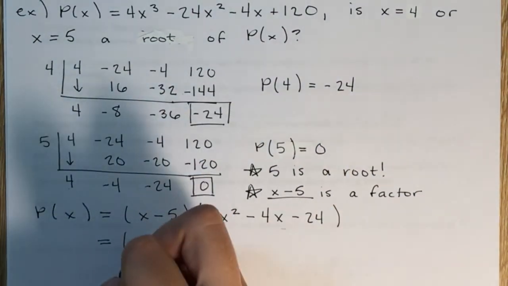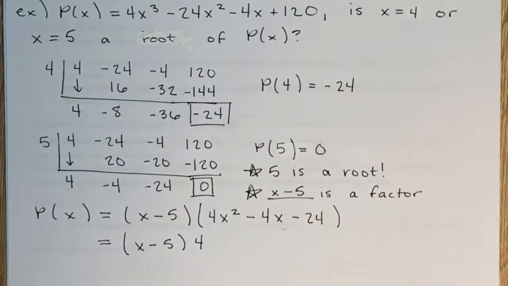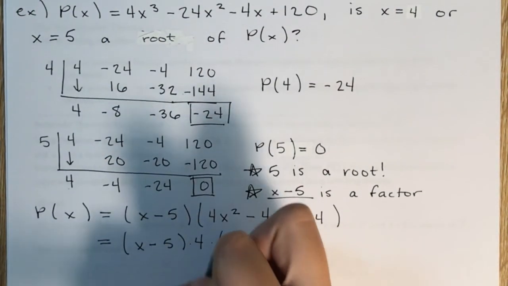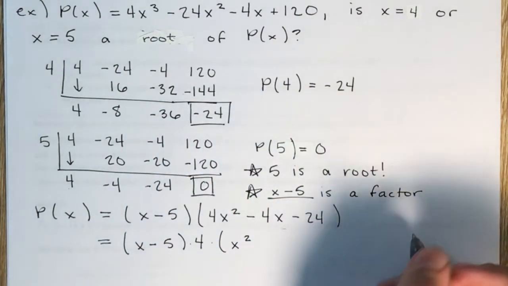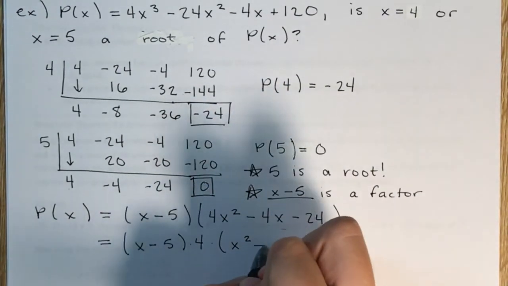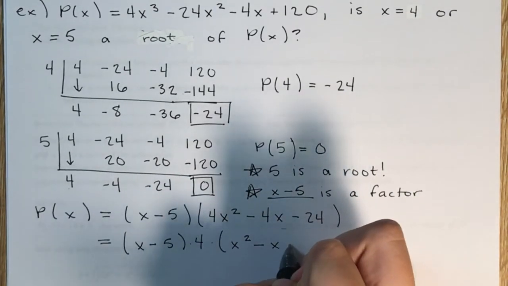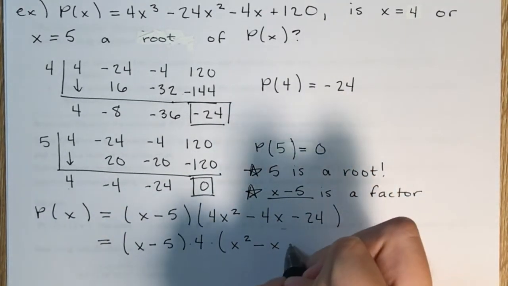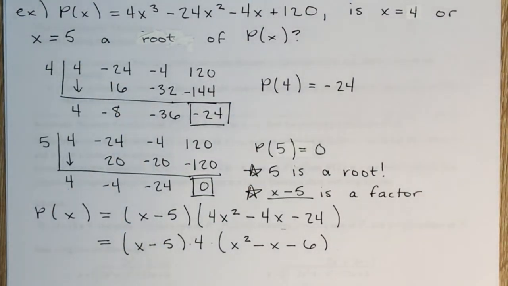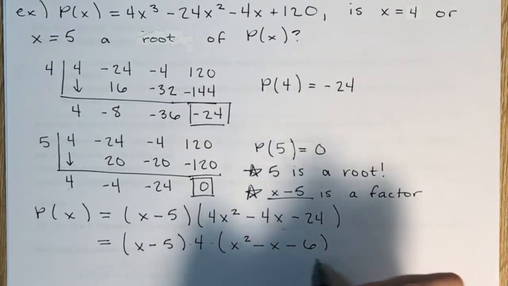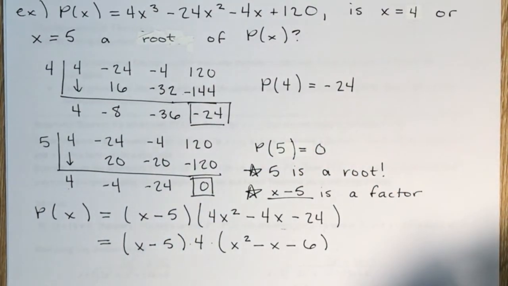4. So x minus 5. We have a 4 that we can pull out, so times 4. What's left over? Well, this term we're left with x squared. This term we're left with x. And this term, negative 24 divided by 4 is negative 6. Can I factor this? Is there anything that multiplies up to negative 6 and adds up to negative 1?